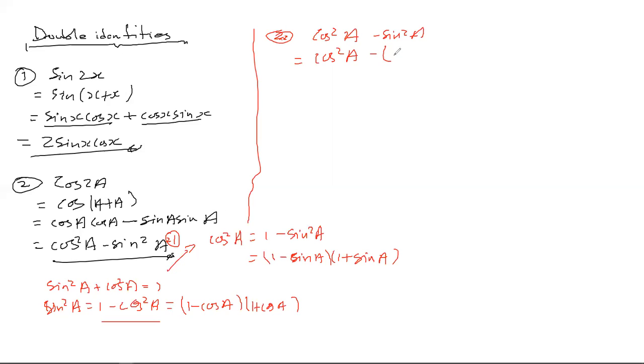So I'm going to write sine squared A as 1 minus cos squared A, and you can see I'm going to have cos squared A minus 1 plus cos squared A, and so this is 2 cos squared A minus 1. This is the second form, 2.2.